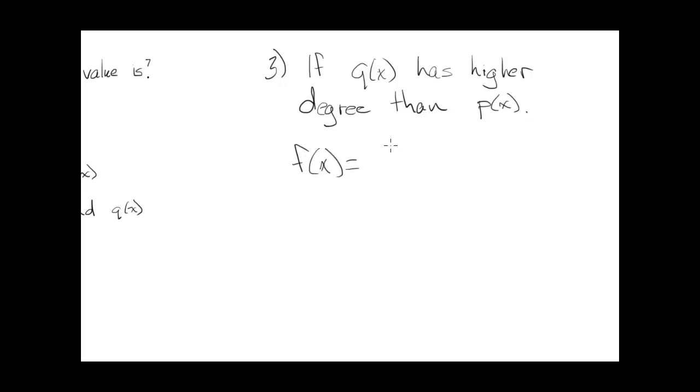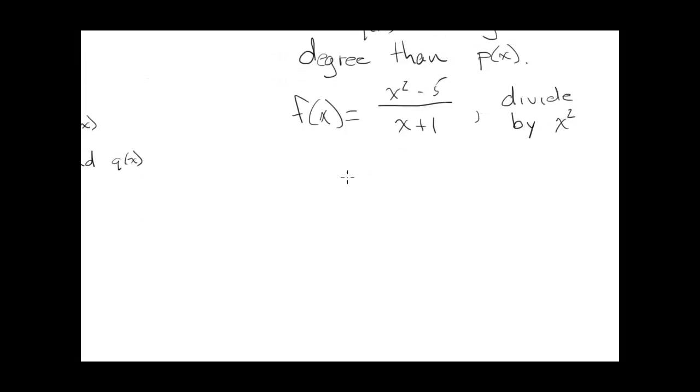Let's do an example here. Oh, sorry, we did that one. So q at x has a lower degree. So let's go with a quadratic on the top, x squared minus 5, over a linear on the bottom, x plus 1. So we'll do the same thing, but this time we'll divide by x squared, because x squared is your highest term.